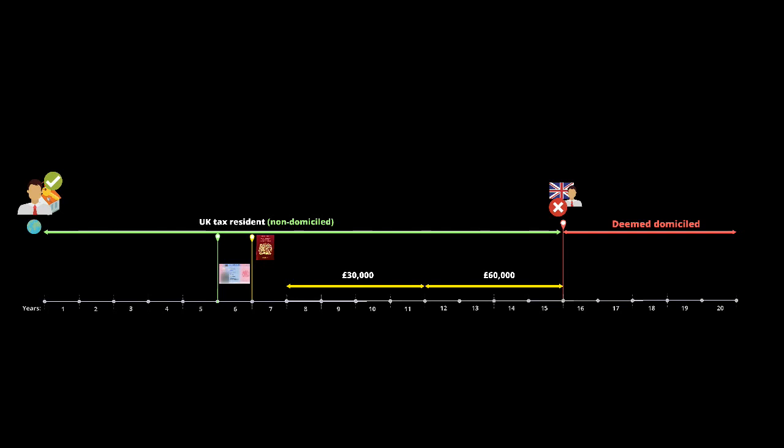Under the statutory, formalised, codified regime, you pay 30,000 only from years 7 to 12, and then from years 12 to 15 you'd pay 60,000 a year, as a single payment for each year.